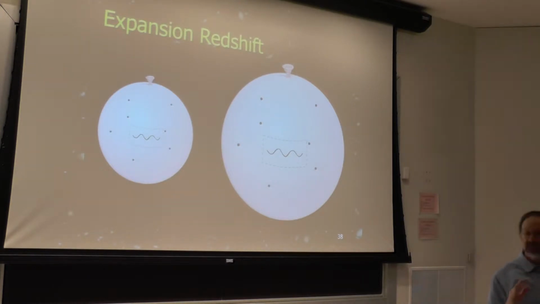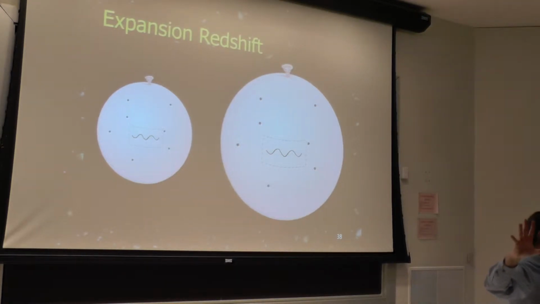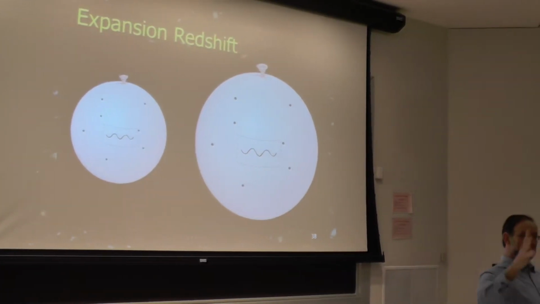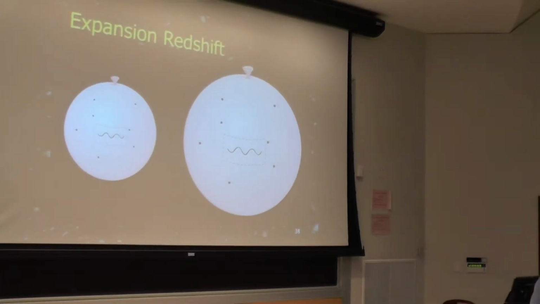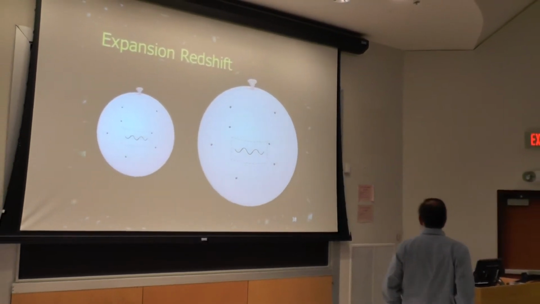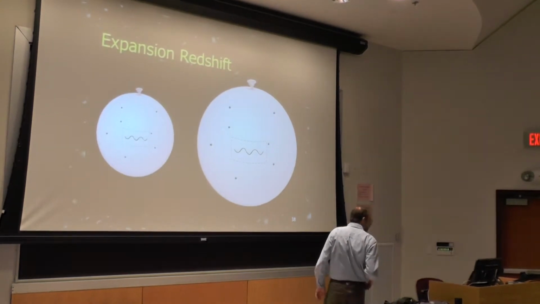So one way to think about the universe is the light coming from these distant galaxies is, for lack of a better description, sort of embedded in the universe. But as the universe grows, those wavelengths get stretched out.